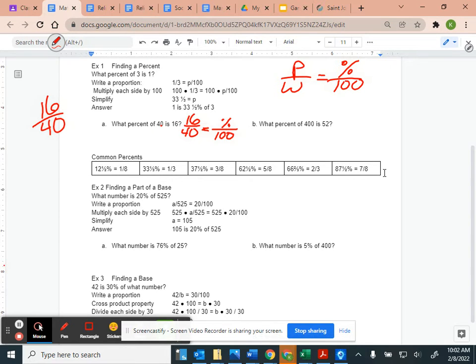Because 16 divided by 40 is going to be a decimal. If we multiply it by that 100, then we get the actual percent, because a percent isn't a decimal. So Peyton, what is 16 divided by 40? Tell me what the decimal is. 0.25.